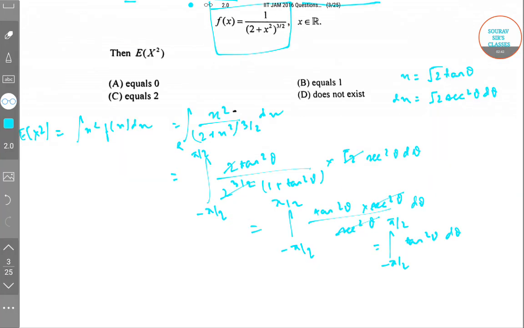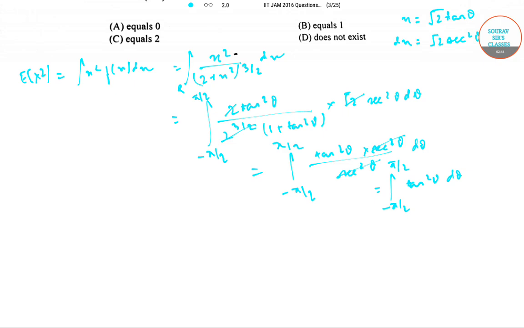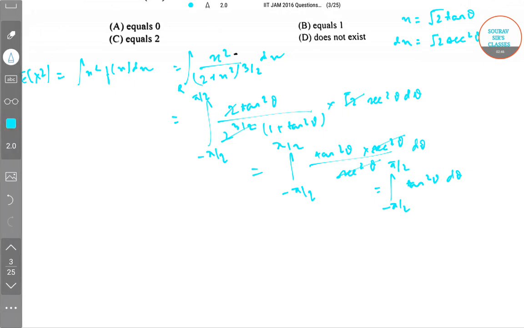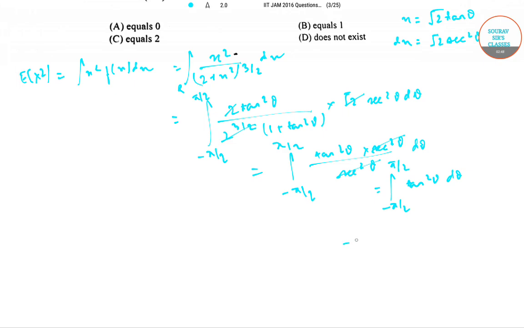Now on integration of this, we get this to be tan theta minus theta, and the limits ranging from minus pi by 2 to pi by 2.